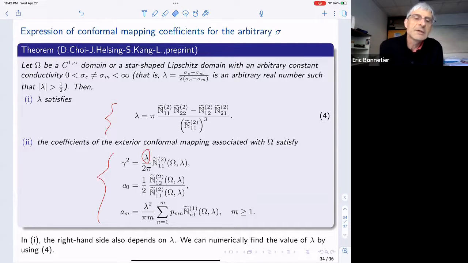And could you predict beforehand how many coefficients you would need to reconstruct? That is, do you have anything that tells you, well, if I compute up to the 10th coefficient in this expansion, then I recover the shape with so much precision?